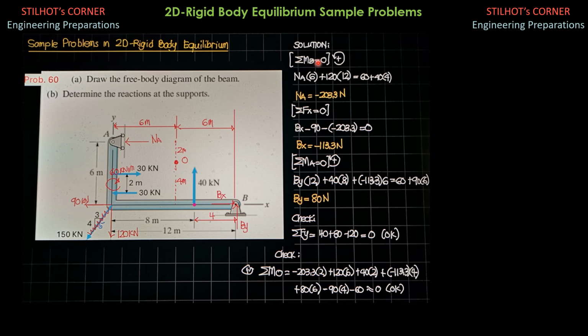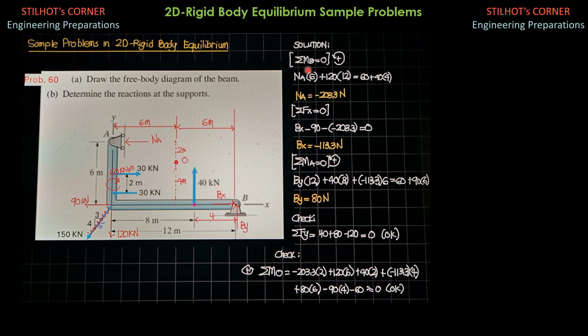But for those who want to solve this with the aid of your high-tech calculator, you can just set up summation of forces along x equals 0, first equation, summation of forces along y equals 0, second equation, and summation of moment about any point equals 0. And that's the third equation. After setting up those three equations, you solve those three equations simultaneously with your calculator and make sure that the answers are the same here.